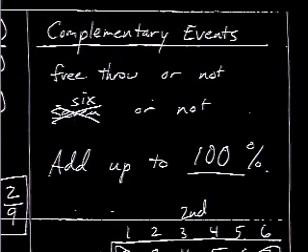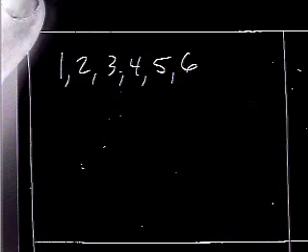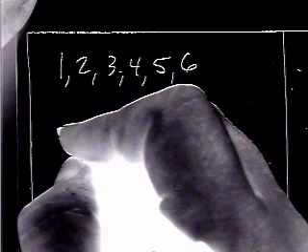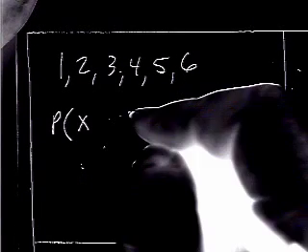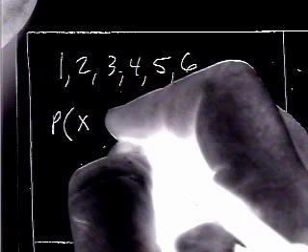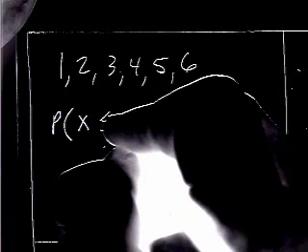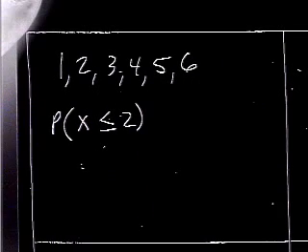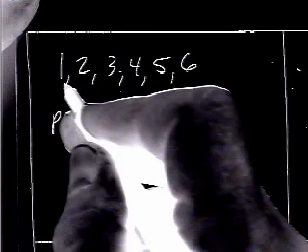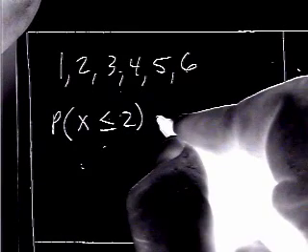Here's another situation I should ask you about. Let's suppose that the numbers 1, 2, 3, 4, 5, and 6 are the ones that we're using on a number die. What's the probability that we get a 1 or a 2? Well, I could figure out 1 or 2.